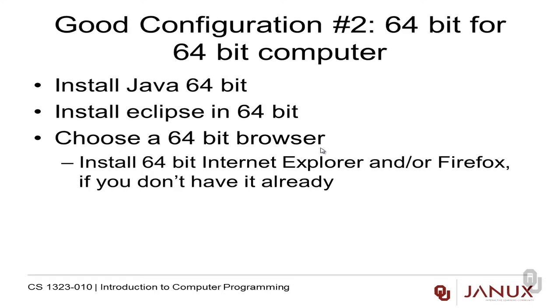A second good configuration for a 64-bit computer is to install Java in 64-bit, Eclipse in 64-bit, and choose a 64-bit browser, which could be either Internet Explorer or Firefox if you don't have it already. It doesn't matter which one of these two configurations you choose. What matters is the consistency of the installation.